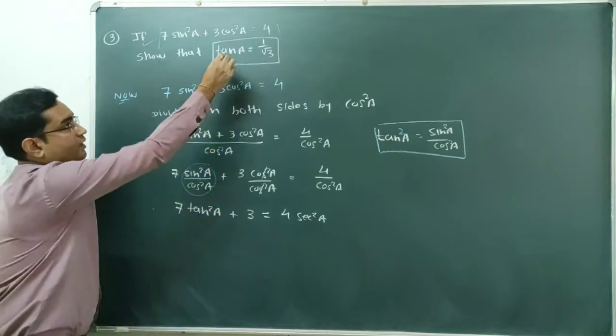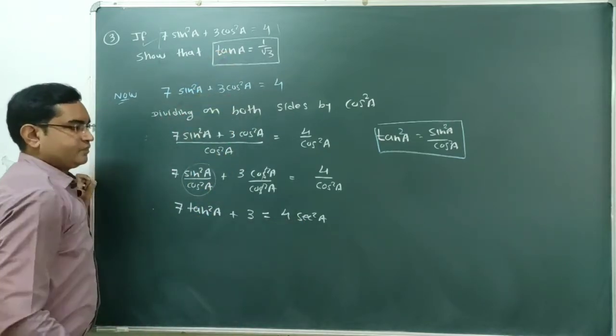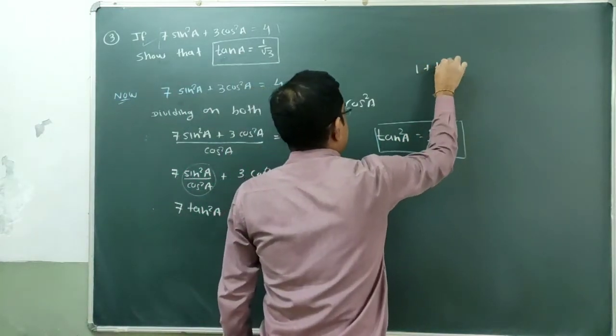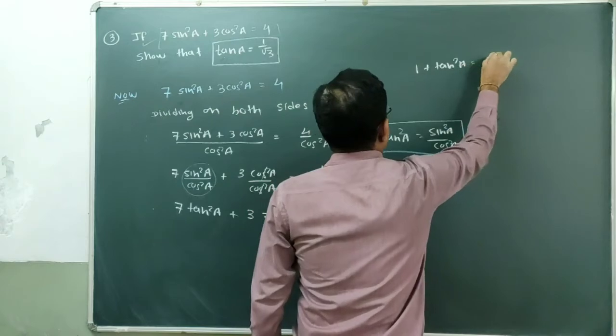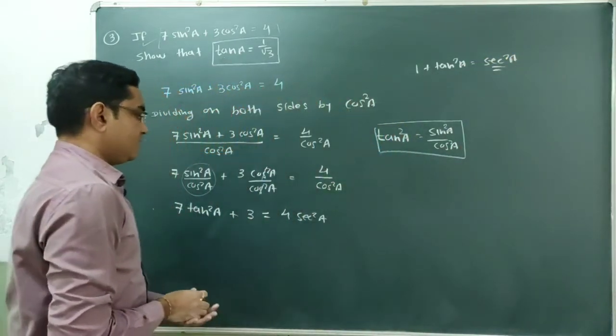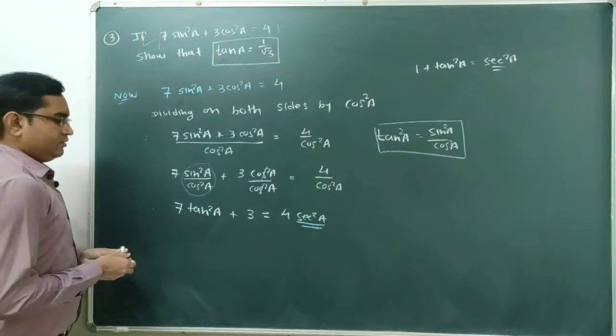Done? We require tan. So we are getting tan. But here again we are getting sec square a. So the identity says that 1 plus tan square a equals sec square a. So we can replace this sec square a with our identity 1 plus tan square a.